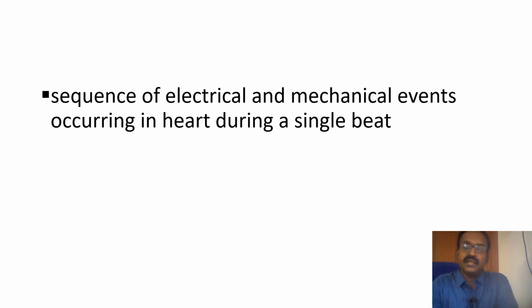In the cardiac cycle, we have to discuss the pressures in the ventricle, aorta and atrium, aortic blood flow, ventricular volume, electrocardiogram activities, phonocardiogram activities and phlebogram activities. Everything is discussed in the cardiac cycle.